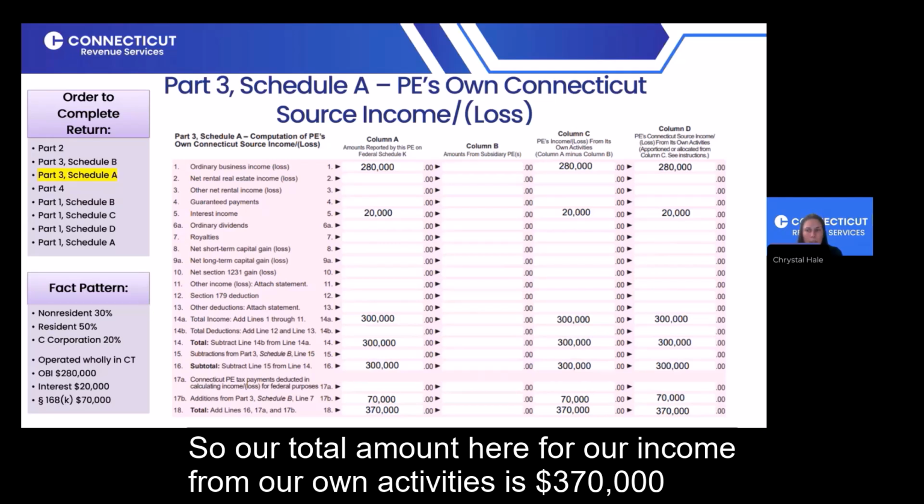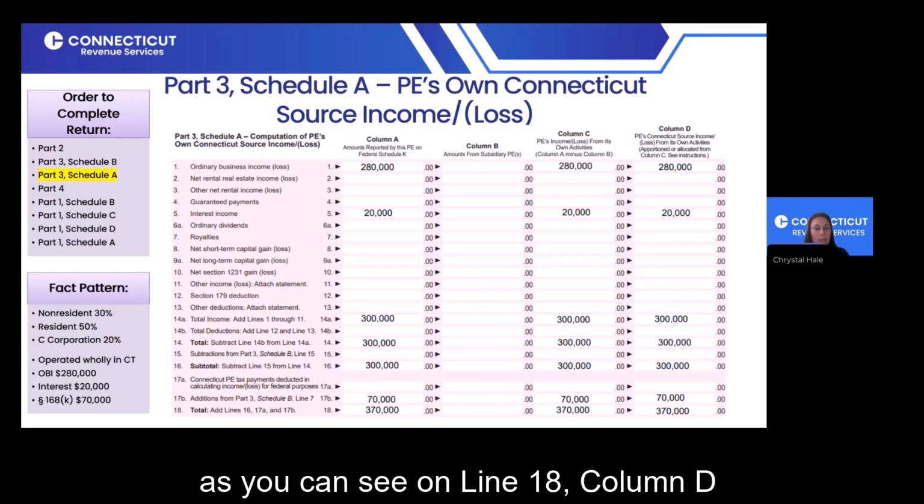So our total amount here for our income from our own activities is $370,000, as you can see on line 18, column D.